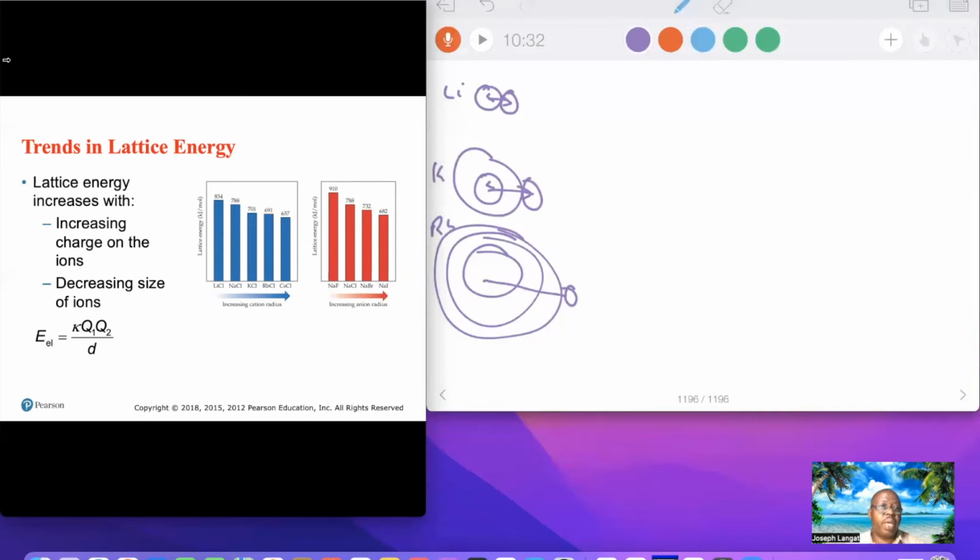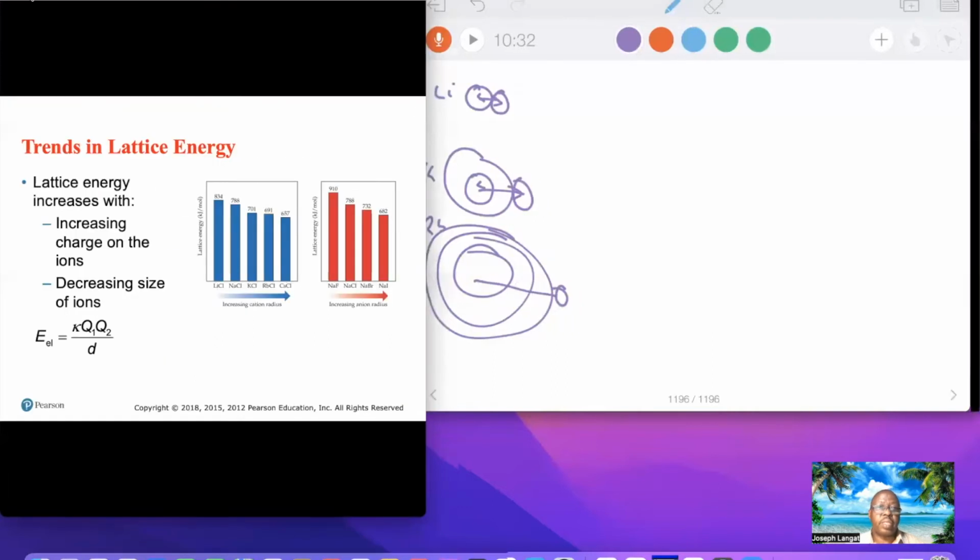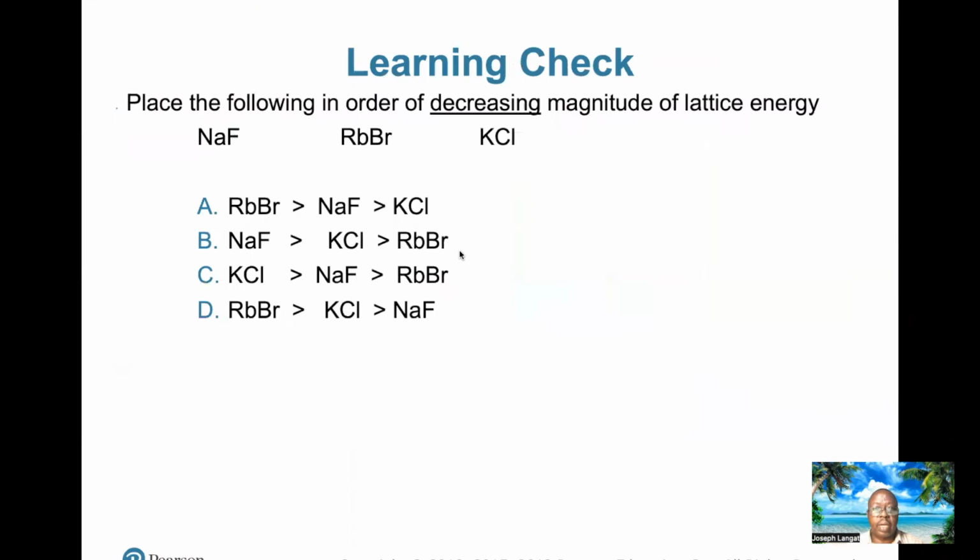For example, in this slide right here, please place the following in order of decreasing magnitude of lattice energy. We have sodium fluoride, rubidium bromide, and potassium chloride.